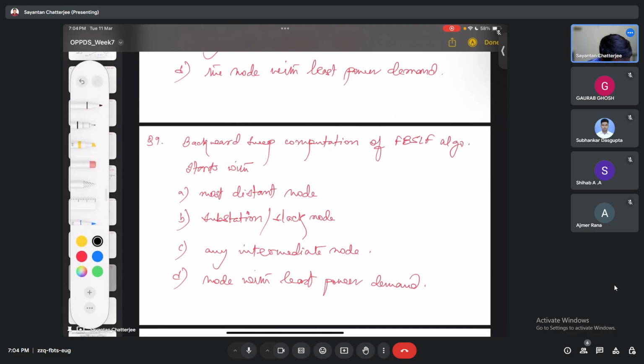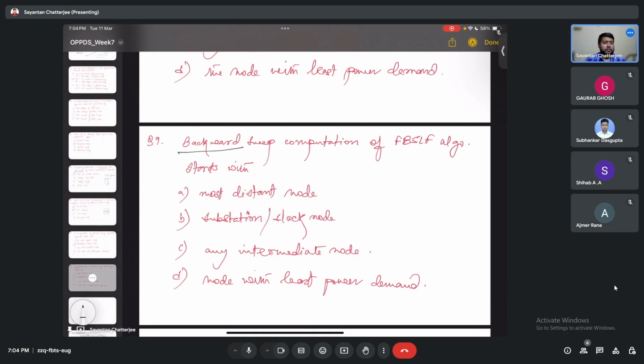The previous one was the forward sweep. This one is the backward sweep.